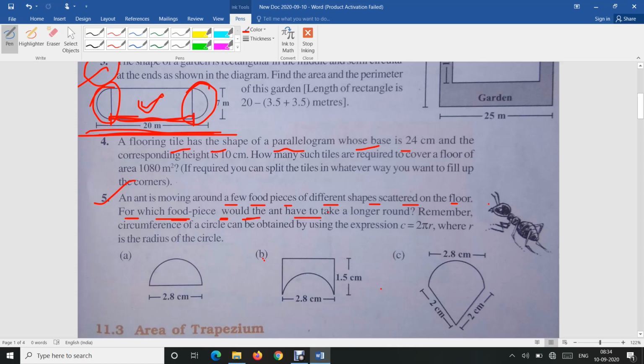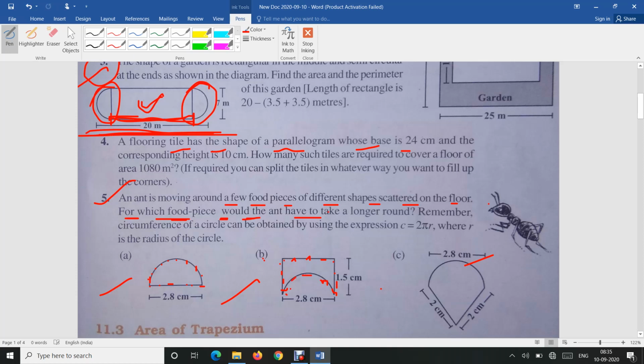If we scatter food pieces on these shapes, then we need to find in which case, B or C, the ant will take the longer round. Obviously, food pieces are scattered in this way, and similarly in this way.